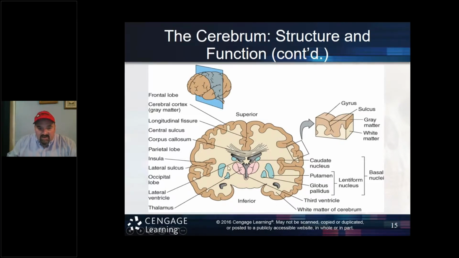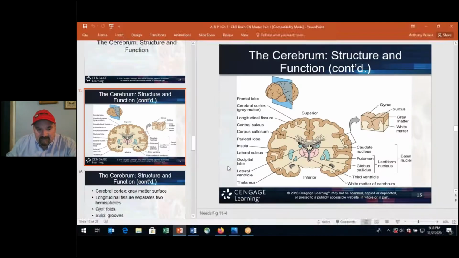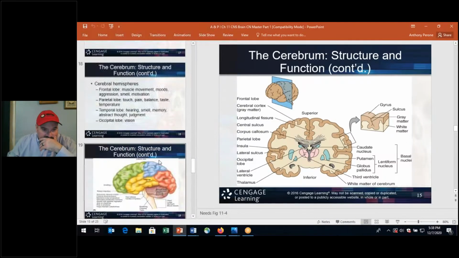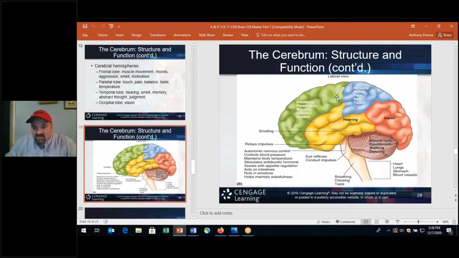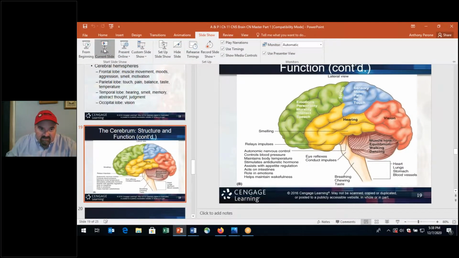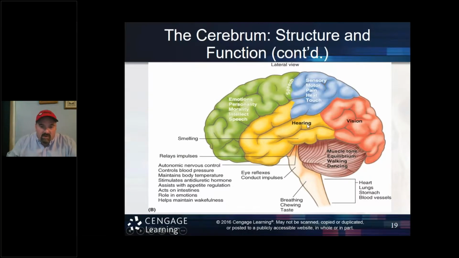I would like to go back to, here we go. This is a good image, again in the PowerPoint. What we're seeing here is what we've talked about: the visual cortex in the occipital lobe, the auditory cortex in the temporal lobe.